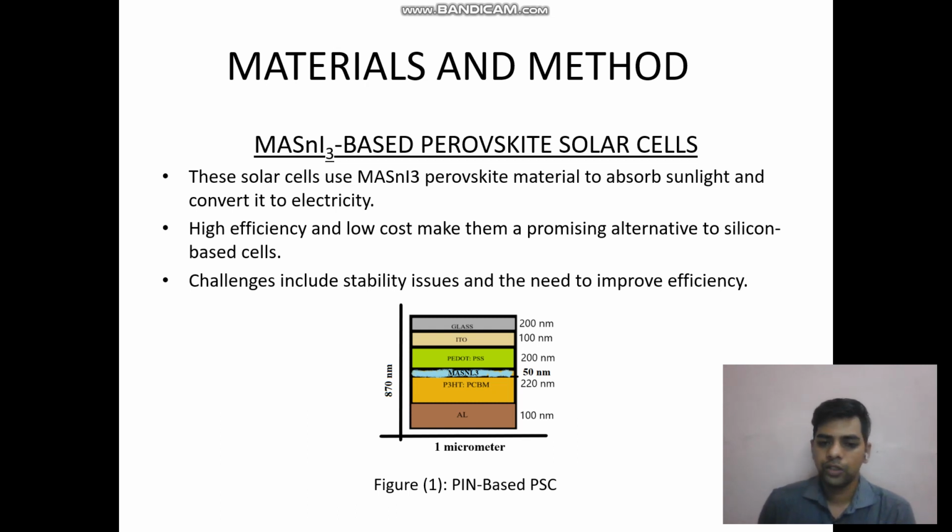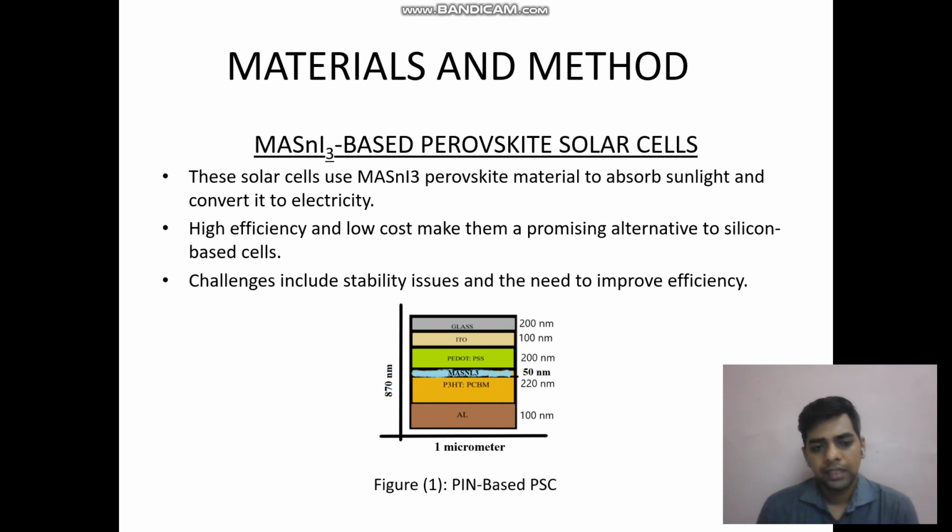My structure is based on the PIN solar cell, in which I am using glass ITO as an active transparent layer, PEDOT:PSS as a hole transport layer, P3HT:PCBM as an electron transport layer, MASnI3 as a perovskite layer, and Al as a counter electrode.